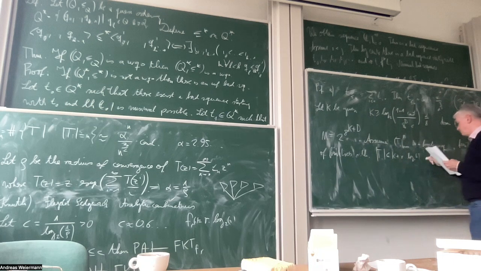And assume there are no indices i less than j such that T_i embeds into T_j.